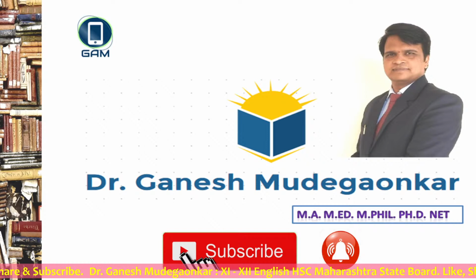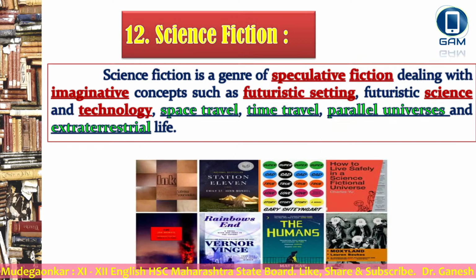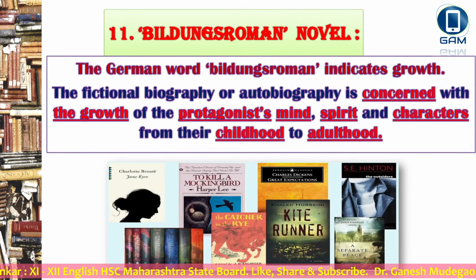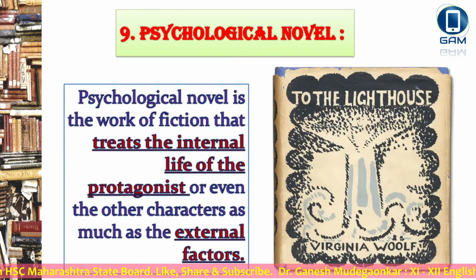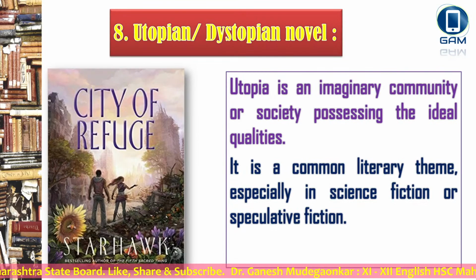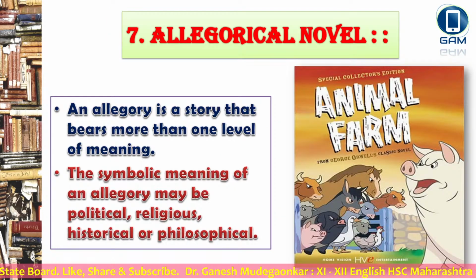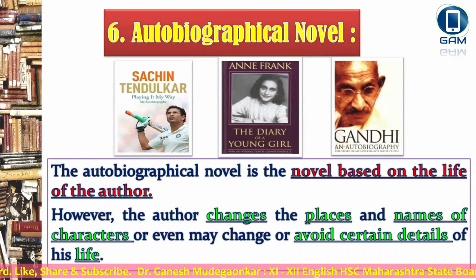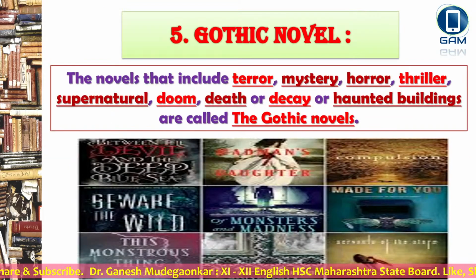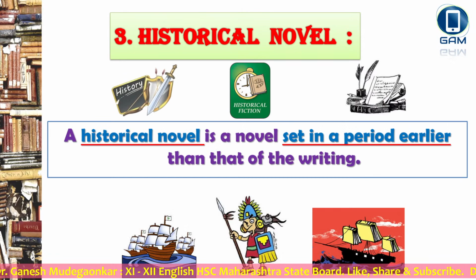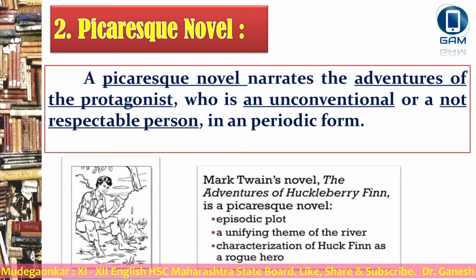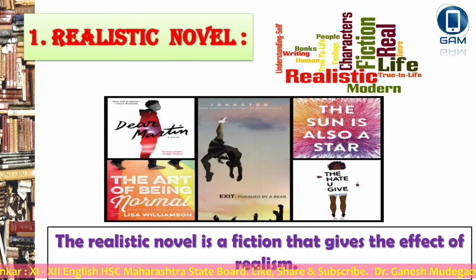So friends, from my side, these are the types of novel. Once again we'll revise: science fiction, Bildungsroman novel, stream of consciousness novel, psychological novel, utopian or dystopian novel, allegorical novel, autobiographical novel, gothic novel, epistolary novel, historical novel, picaresque novel, or realistic novel.